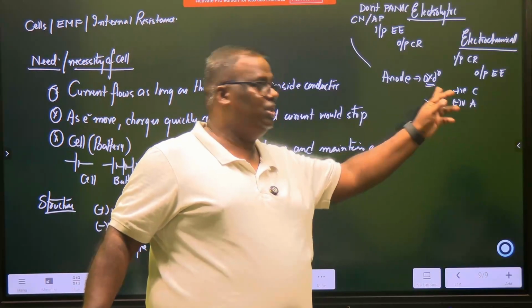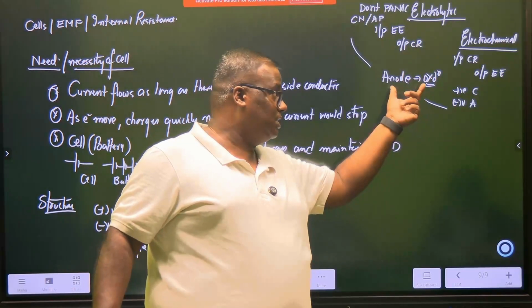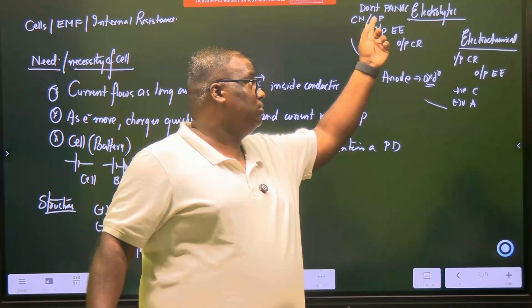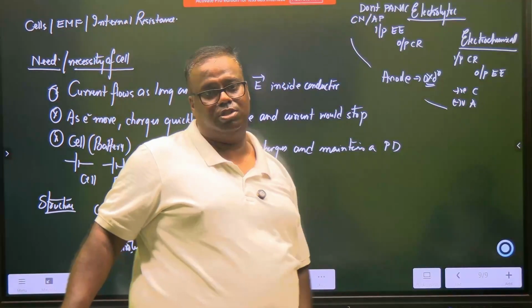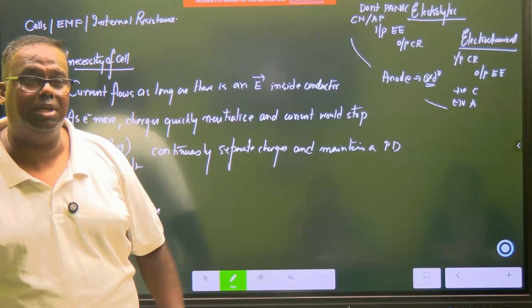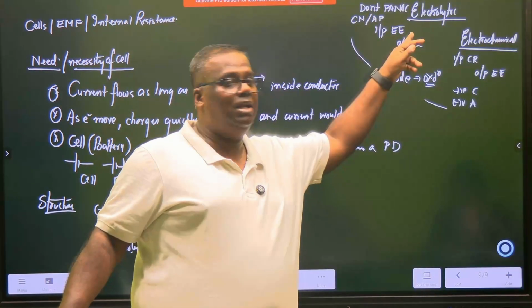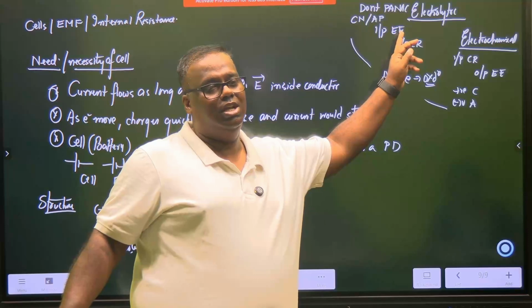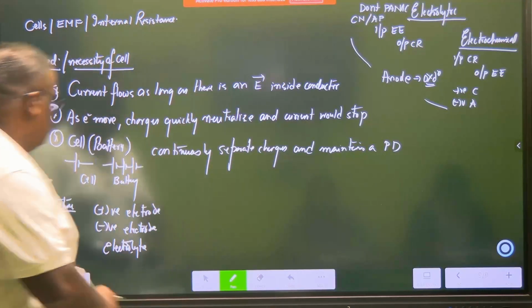Here also oxidation happens at anode. That's the right definition. But don't write cathode as negative out here. Here cathode is positive. This is an electrochemical cell. This is an electrolytic cell. Here I supply electricity to get reaction. Here I do reaction to get electricity. So all your cells and other things, okay?